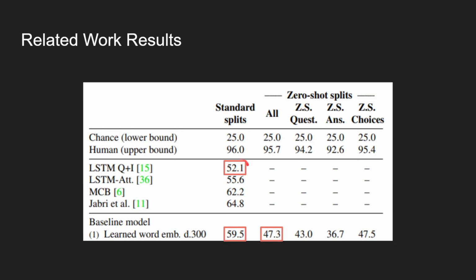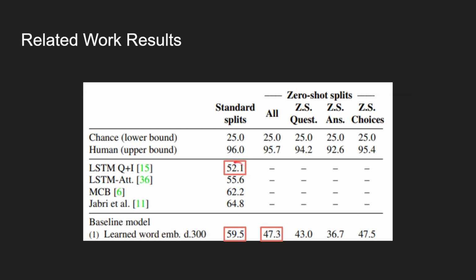The reason this one is important is because our data sets compared to the authors of this paper are different, and it's difficult to find a common data set because zero shot implies that we're manipulating the data. So we had to design our own CNN LSTM and compare it to this one so that we know that we have a reasonable baseline. And then this is our target to beat so far. You can see that the standard split is a non-zero shot split. This is just a normal VQA data set.